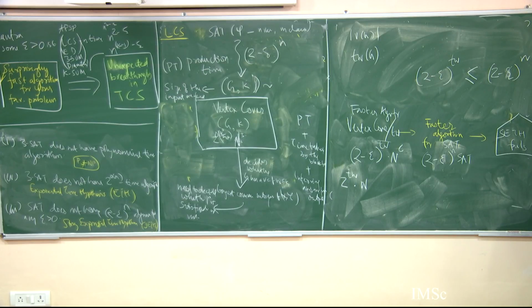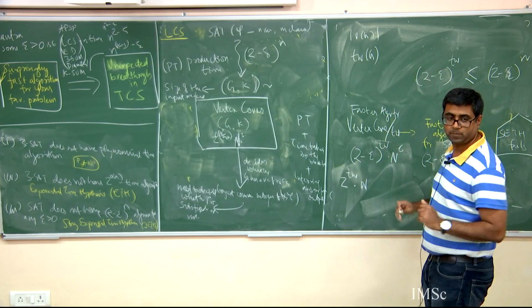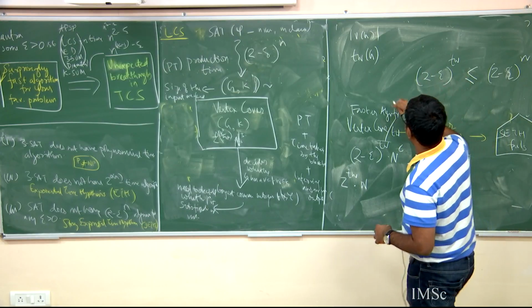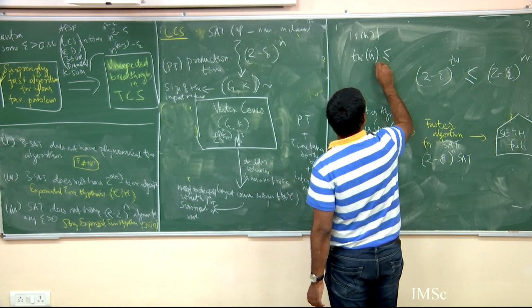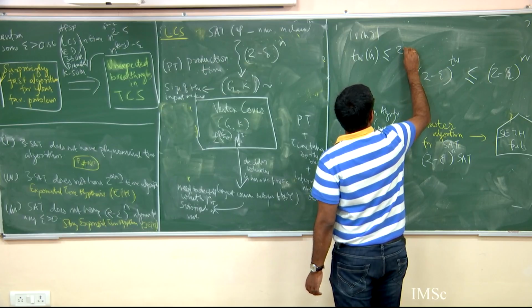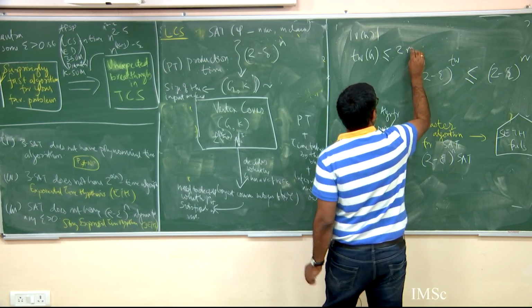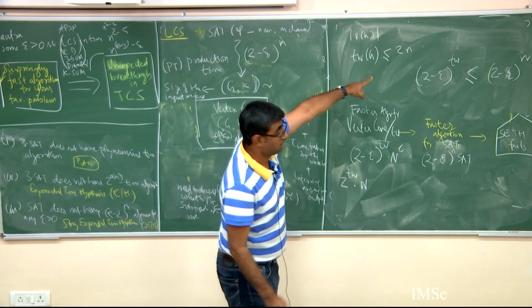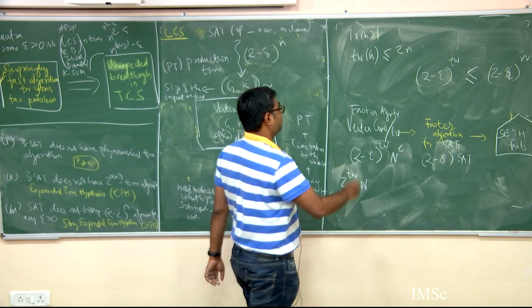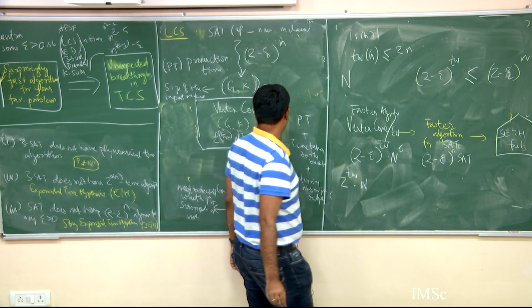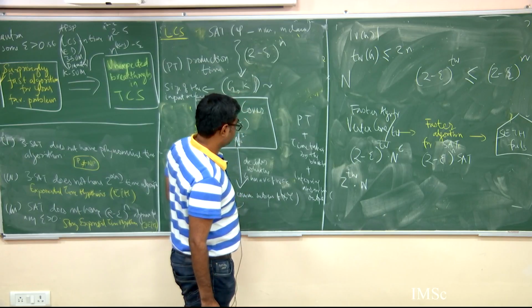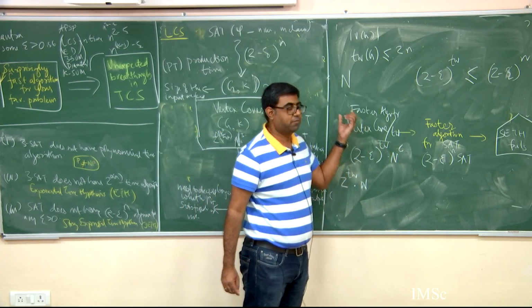So in this reduction, first of all, what is tree width? Suppose all I can say is the tree width of G is 2 times n, where this n is the same n here. And suppose capital N is what I want to rule out as n to the power c. So what can capital N be?